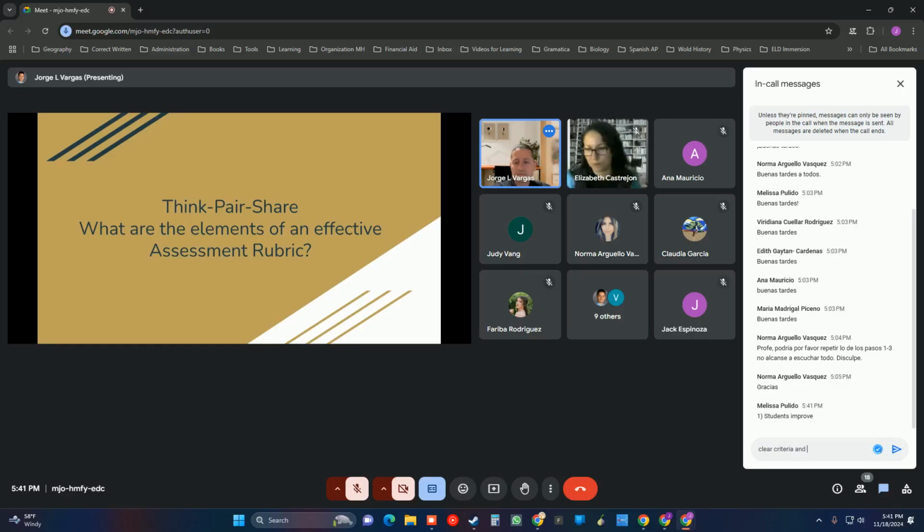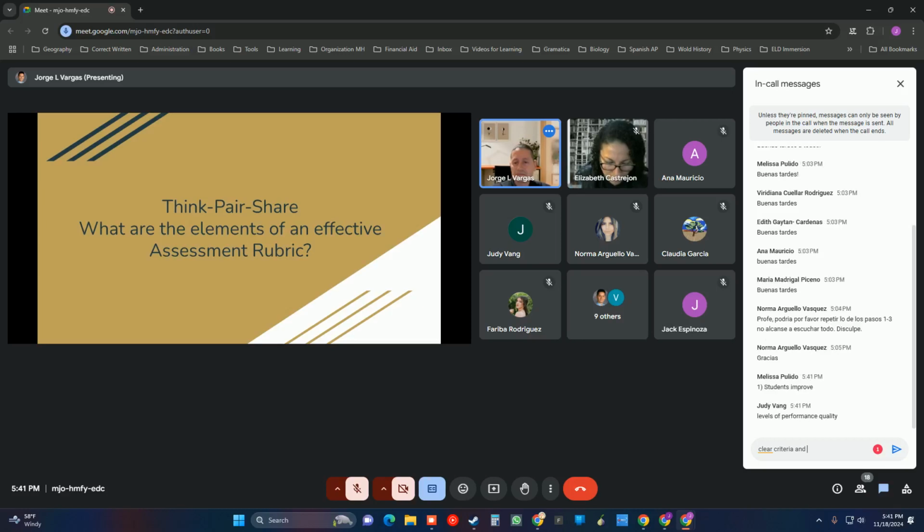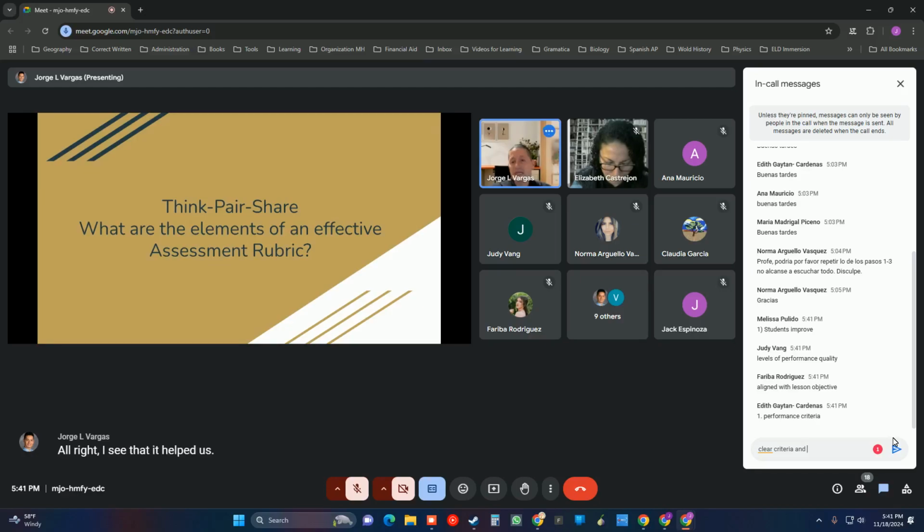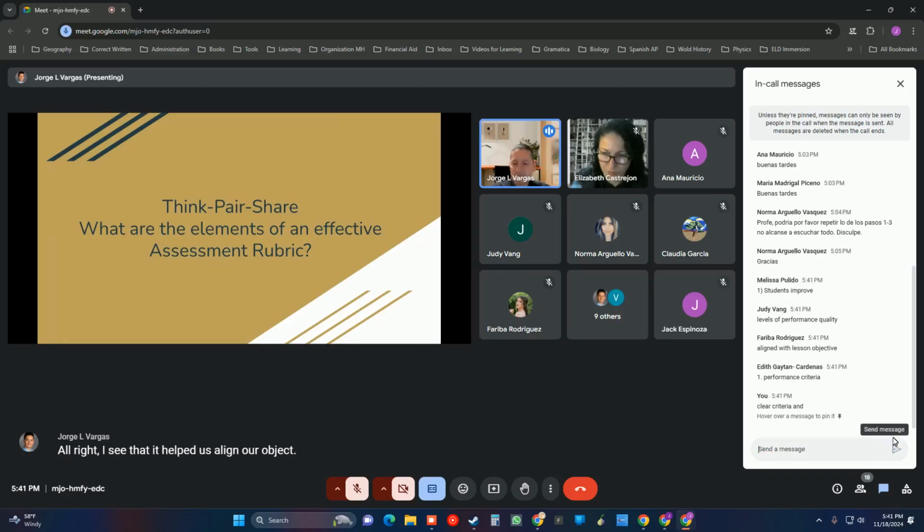Okay. It takes into consideration the non-negotiables. It encourages students to take risks, but at the same time, it helps us identify that we are assessing for language performance.